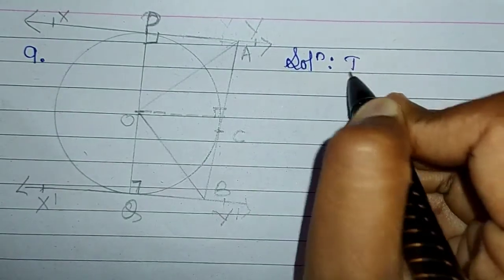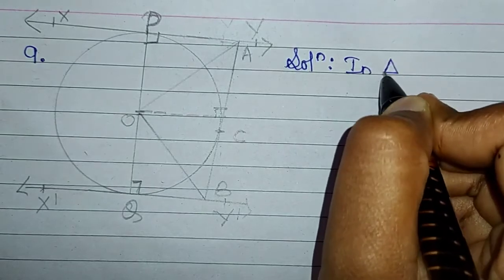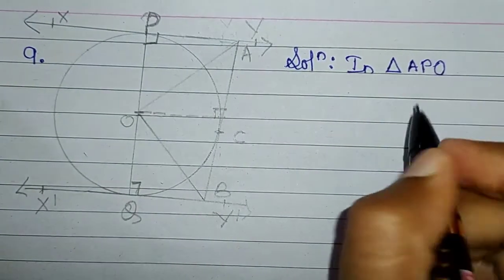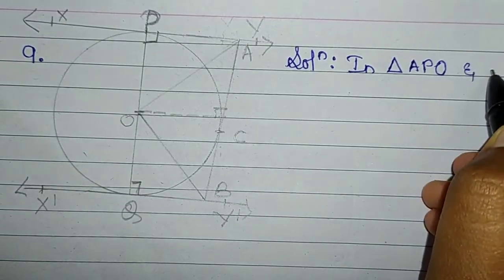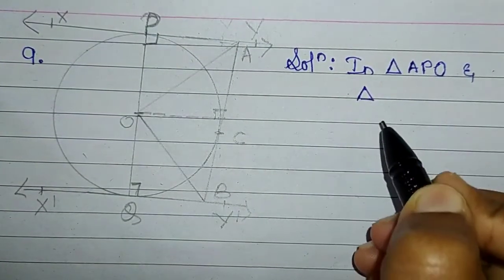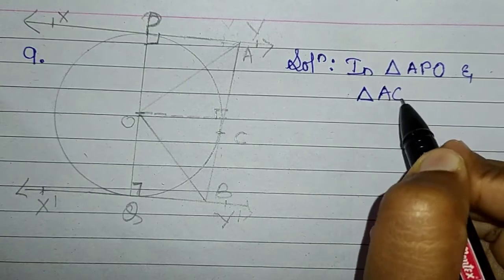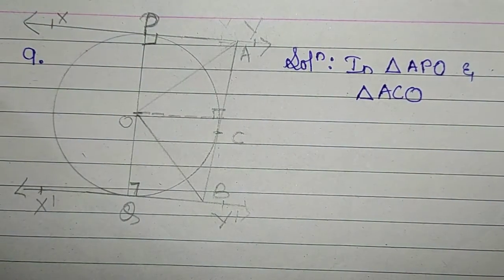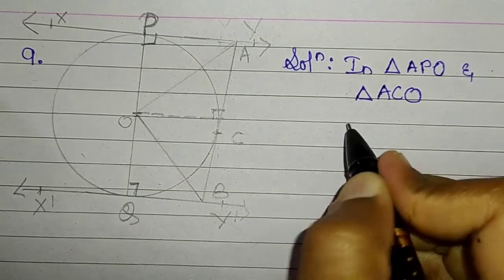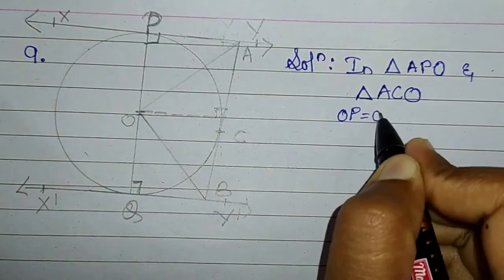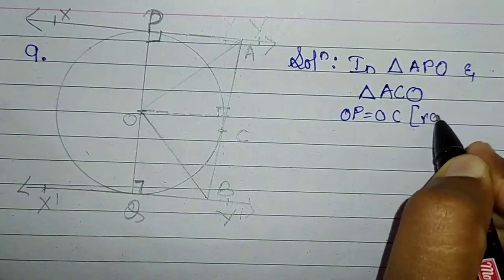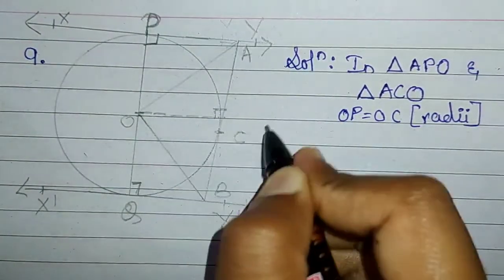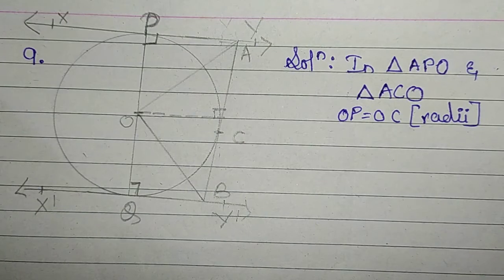in triangle APO and triangle ACO. In triangle APO and triangle ACO, OP is equal to OC because they are radii of the circle.